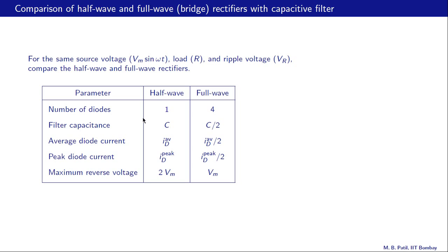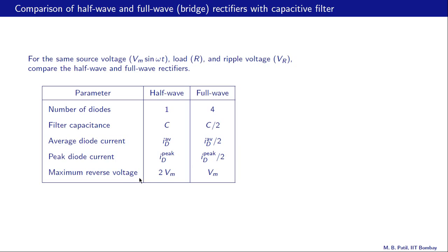Number of diodes, 1 in the half wave case, 4 in the full wave case. Filter capacitance, if this is C, then this is C by 2. Average diode current, if this is ID average, then this is ID average by 2. Peak diode current, if this is ID peak, then this is ID peak divided by 2.